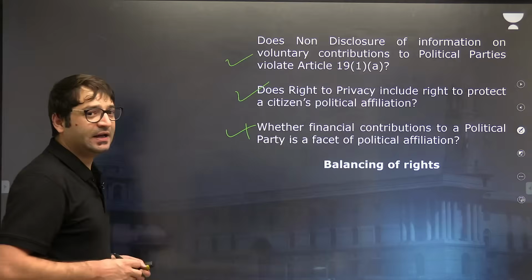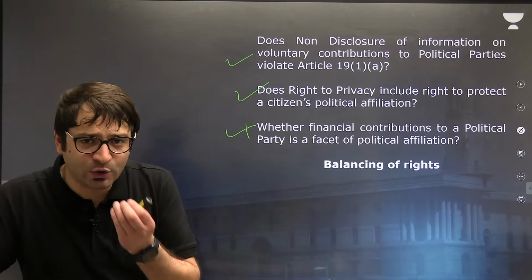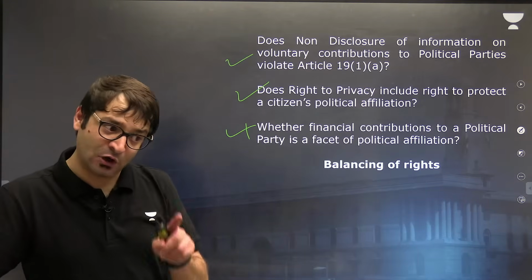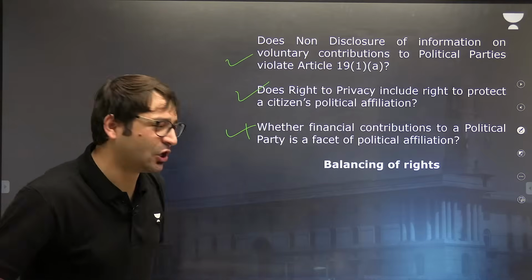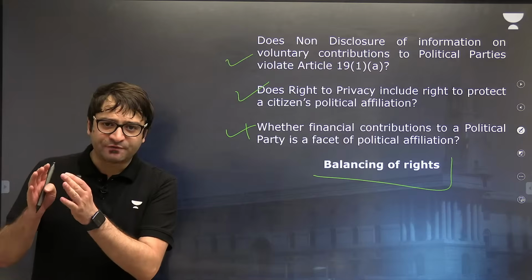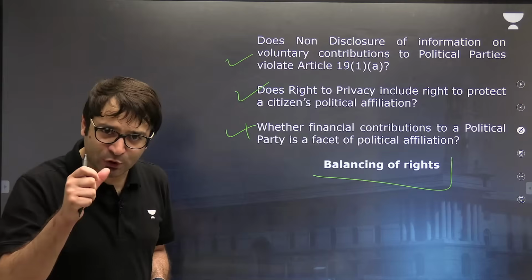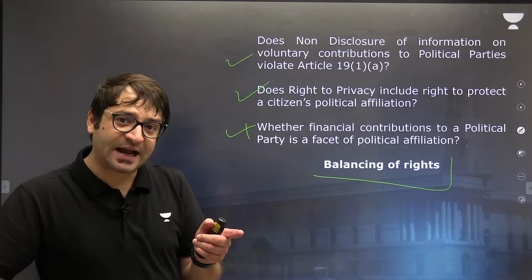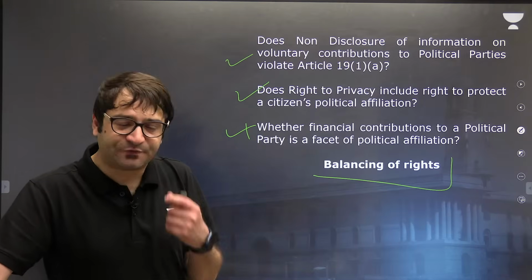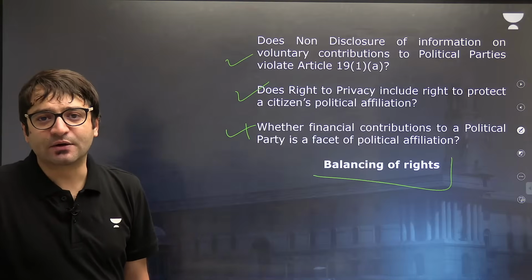Yes as well as no. Yes, if it is the money which is donated as a genuine form of support, as an expression of support, not as a way of influencing policies, because we need to balance the rights. On one hand, we have right to information, a right of a voter to know the financial contributions to a political party. On the other hand, we have the right of privacy of a donor who wants to protect his political affiliation. How do we balance it? Electoral bond scheme is unconstitutional.